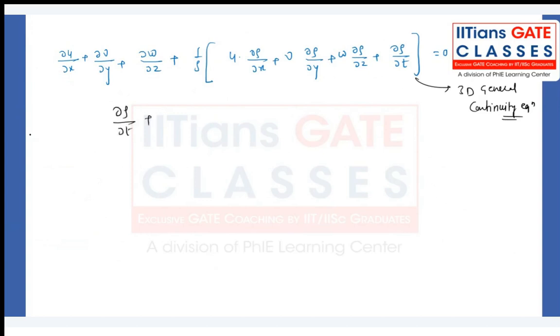Further, here we can write dou by dou x of rho u. You can write rho into dou u by dou x plus u into dou rho by dou x. So this term and this term, if I just divide by 1 upon rho.